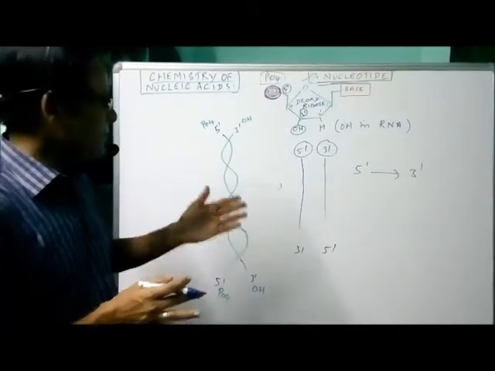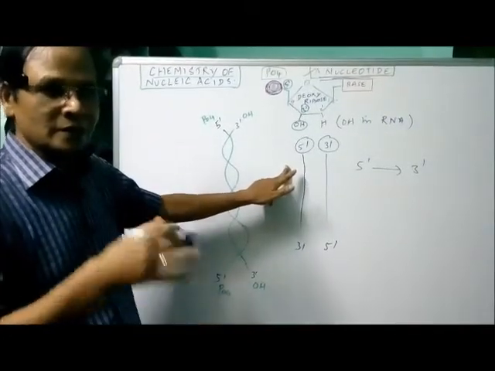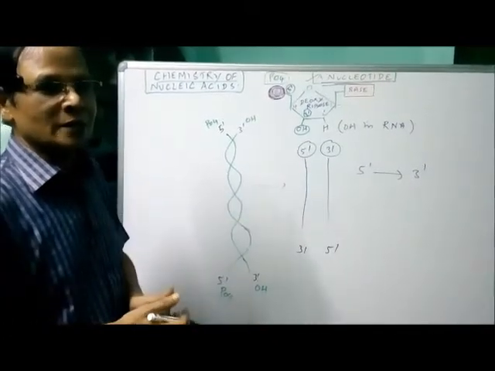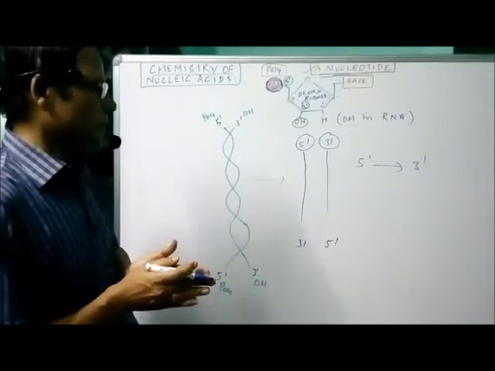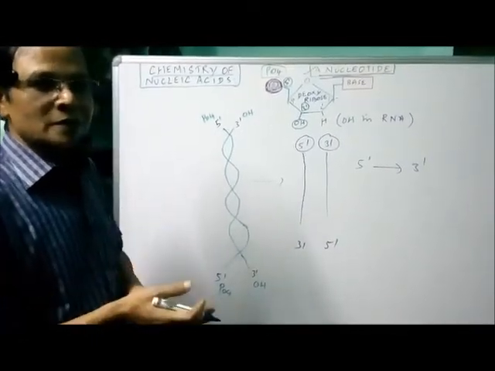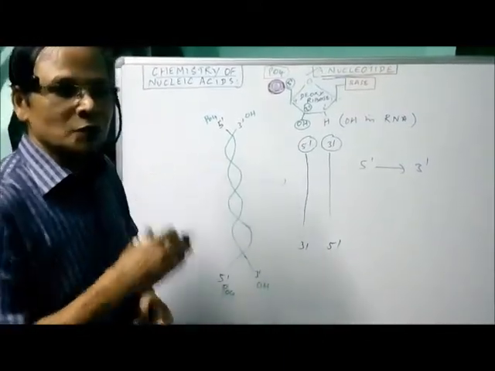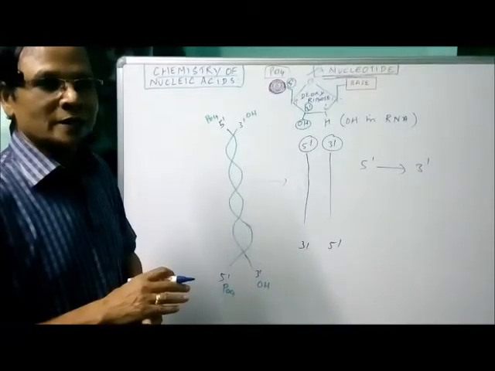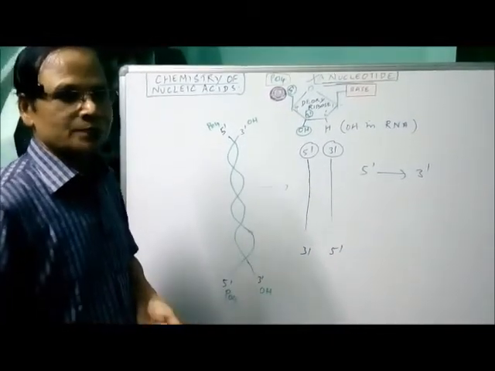That's why understanding the 5' to 3' direction in nucleic acids is critical for understanding the process of transcription or replication of DNA. In both cases, it always proceeds in the 5' to 3' direction. That's why you have to know what the 5' to 3' direction is.